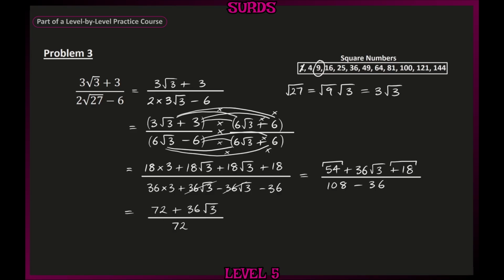So if we divide each of these by 36, starting with 72, 72 divided by 36 is 2, plus 36 divided by 36 is 1, so we just get 1 root 3 or just root 3. And then at the bottom, 72 divided by 36 again gives us 2. So our final answer to problem 3 is 2 plus root 3 all over 2.